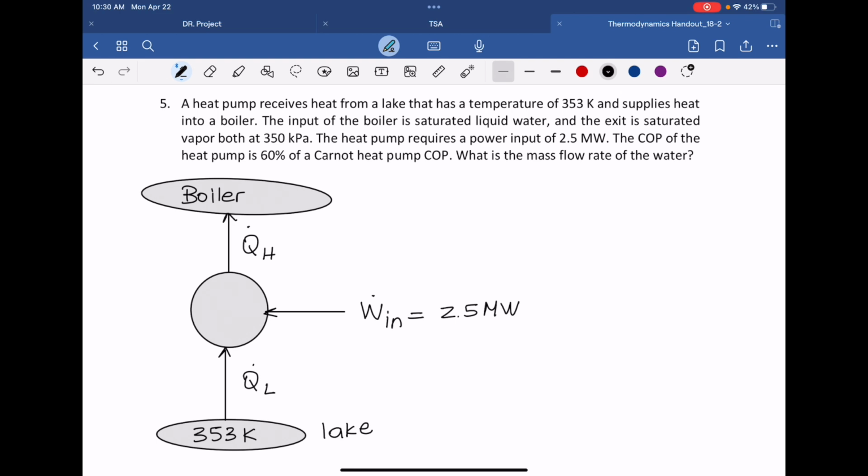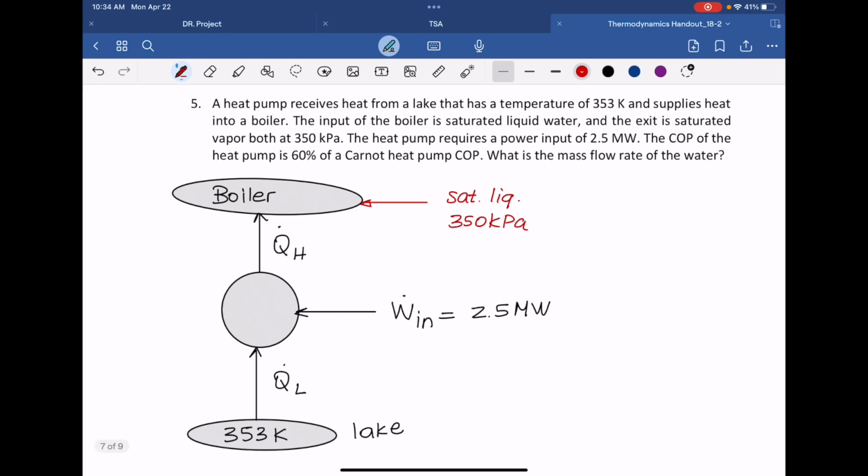Now what they say also, there's an input to the boiler, a water that is saturated liquid. Water is coming at 350 kilopascal. All right, so the boiler, it is entering as saturated liquid water.